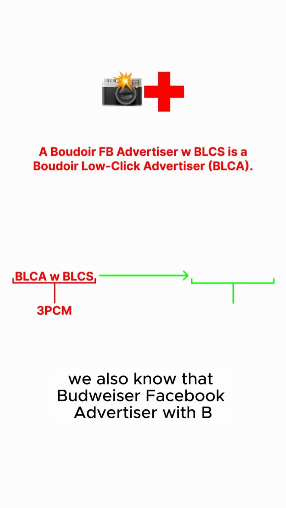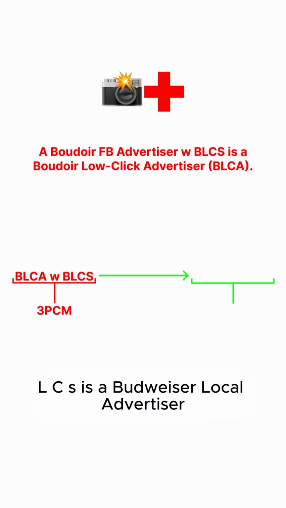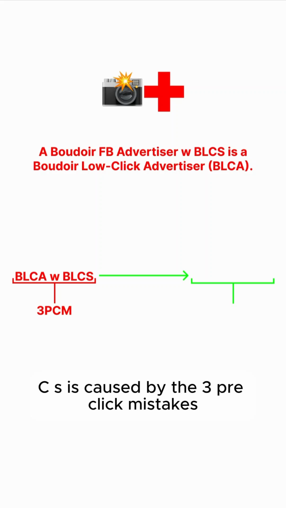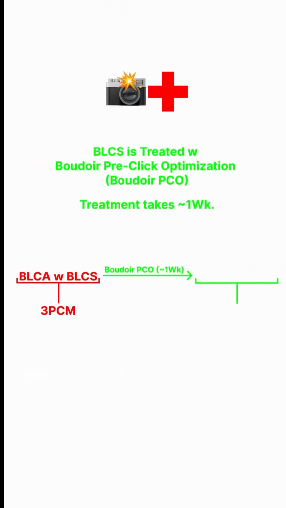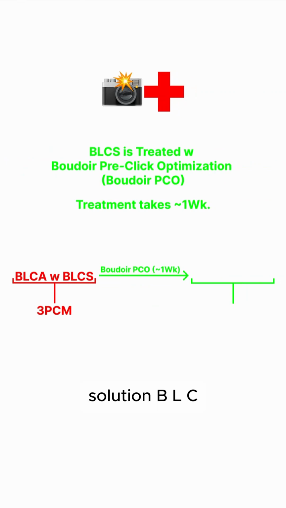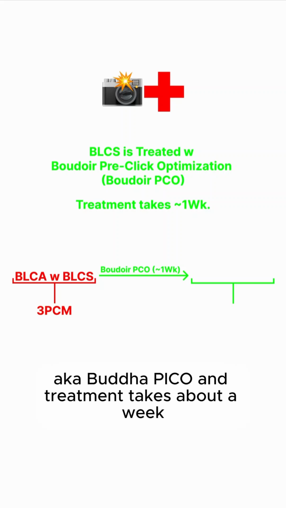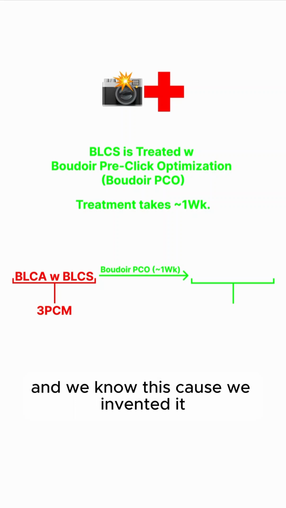We also know that a Boudoir Facebook advertiser with BLCS is a Boudoir low click advertiser, a BLCA. So building our universe here, we got a BLCA with BLCS caused by the 3 pre-click mistakes. Solution: BLCS is treated with Boudoir pre-click optimization, aka Boudoir Pico, and treatment takes about a week. And we know this because we invented it.